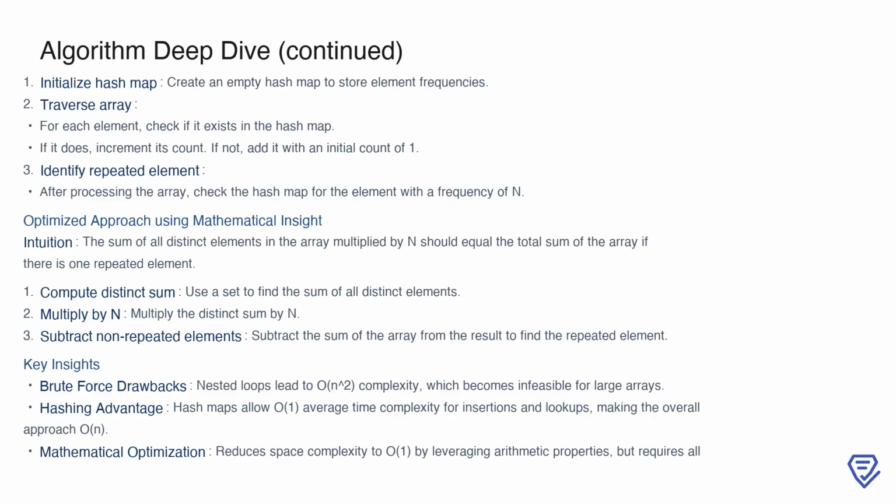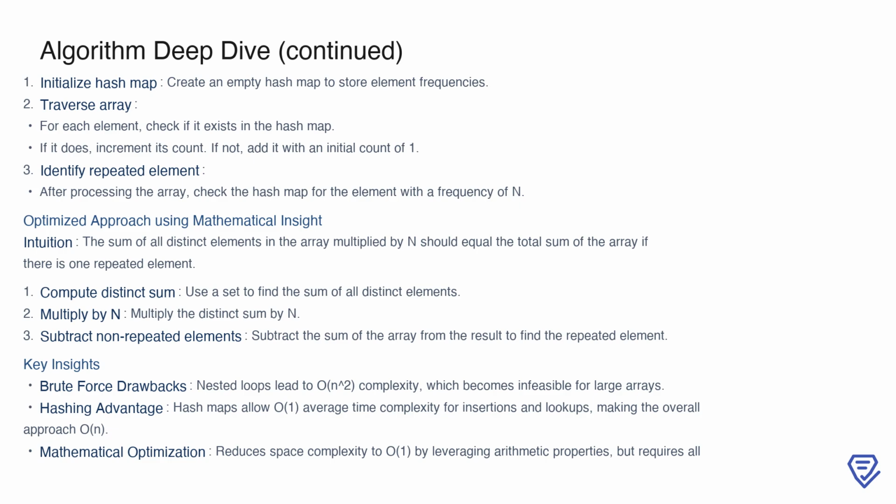Another optimization leverages a mathematical insight. Here's the idea: if we compute the sum of all distinct elements in the array and multiply it by n, the result represents the total sum of the array if there were no repeated elements. From this, we subtract the actual sum of the array to isolate the repeated element. To apply this, we calculate the distinct sum using a set to eliminate duplicates, multiply it by n, and then subtract the actual array sum.